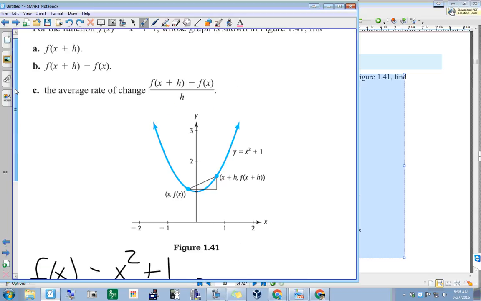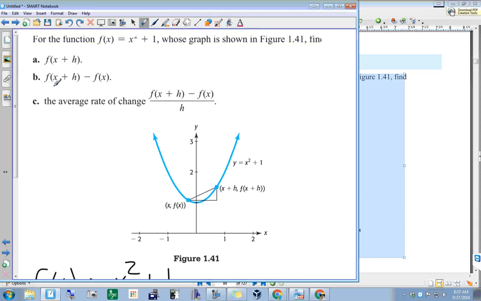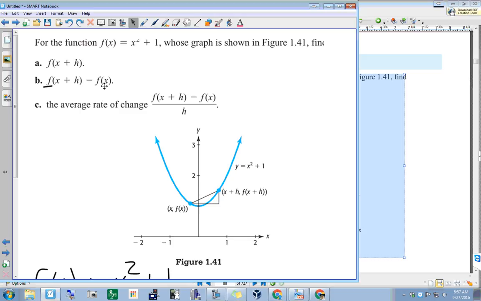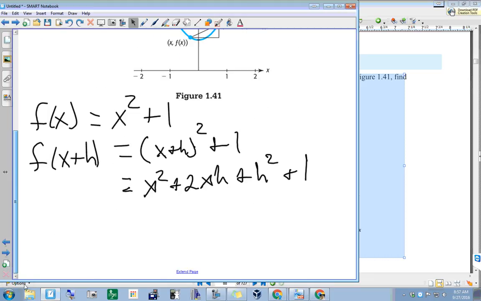They also asked us to find this, f of x plus h minus f of x. So now, what we are going to do is take f of x plus h and subtract off f of x.